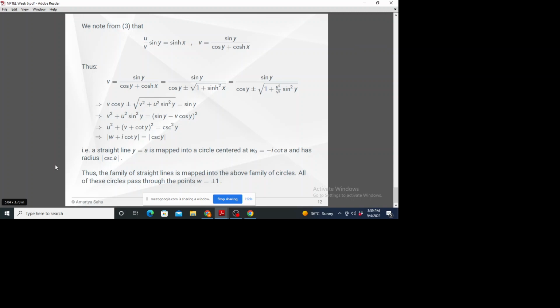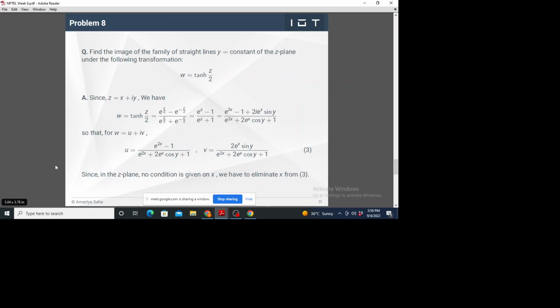Actually, the strip was minus pi by 2 less than y, and pi by 2 greater than y, and that strip would have corresponded to the whole of the W plane.